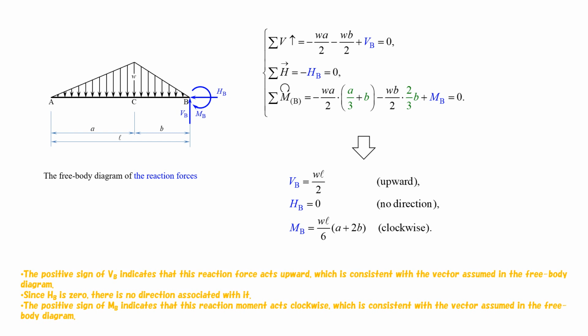The positive sign of VB indicates that this reaction force acts upward, which is consistent with the vector assumed in the free body diagram. Since HB is 0, there is no direction associated with it. The positive sign of MB indicates that this reaction moment acts clockwise, which is consistent with the vector assumed in the free body diagram.